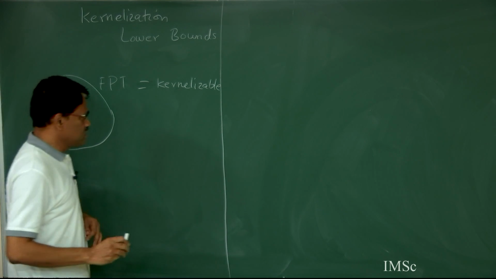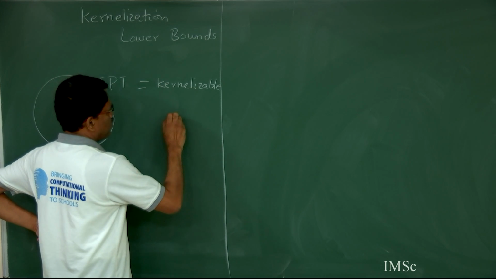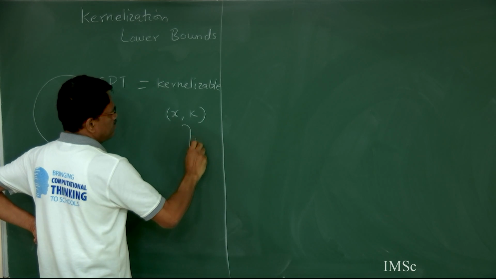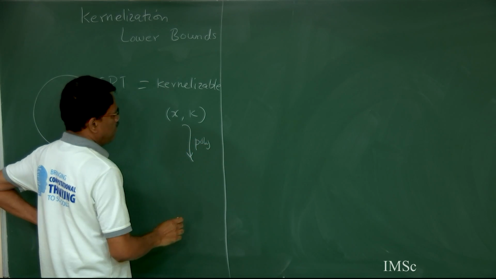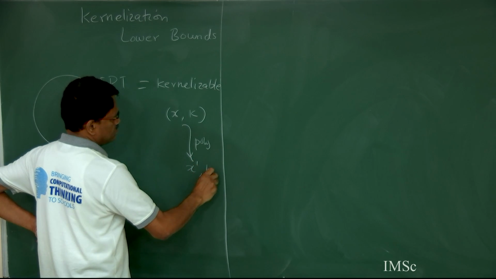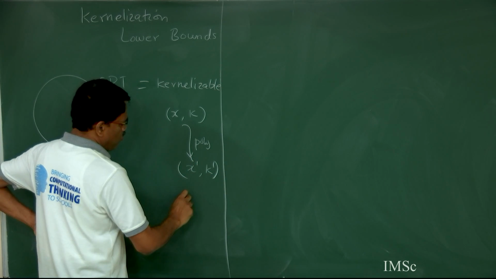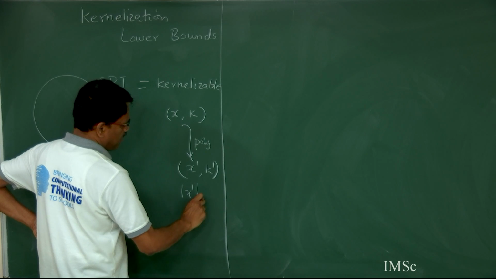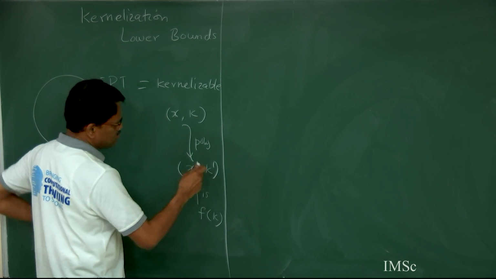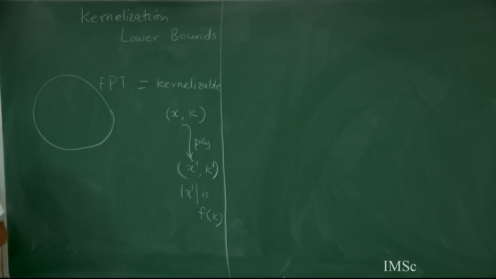What is kernelization? You are working on a parameterized problem, and in polynomial time you want to get an equivalent instance where the size of x prime is some function of k, and k prime is also some function of k. Okay.